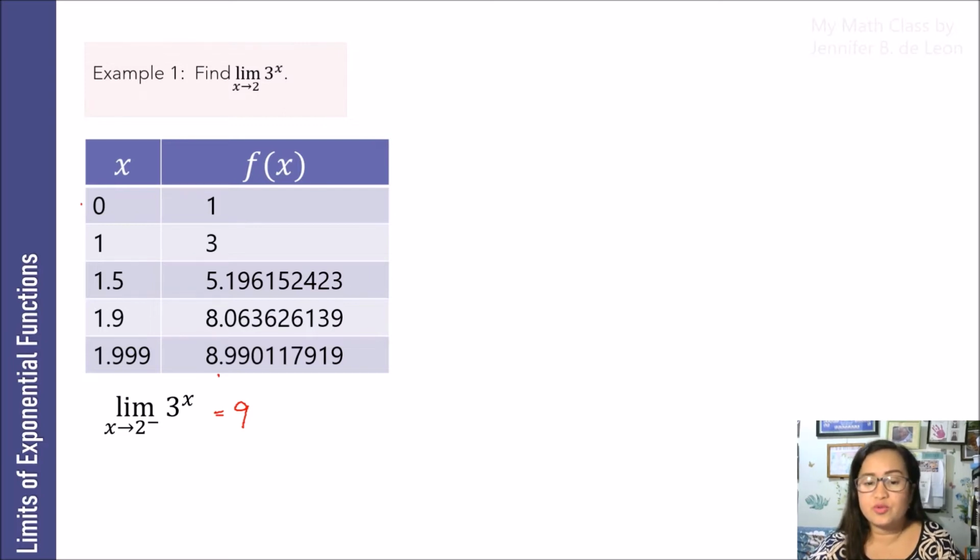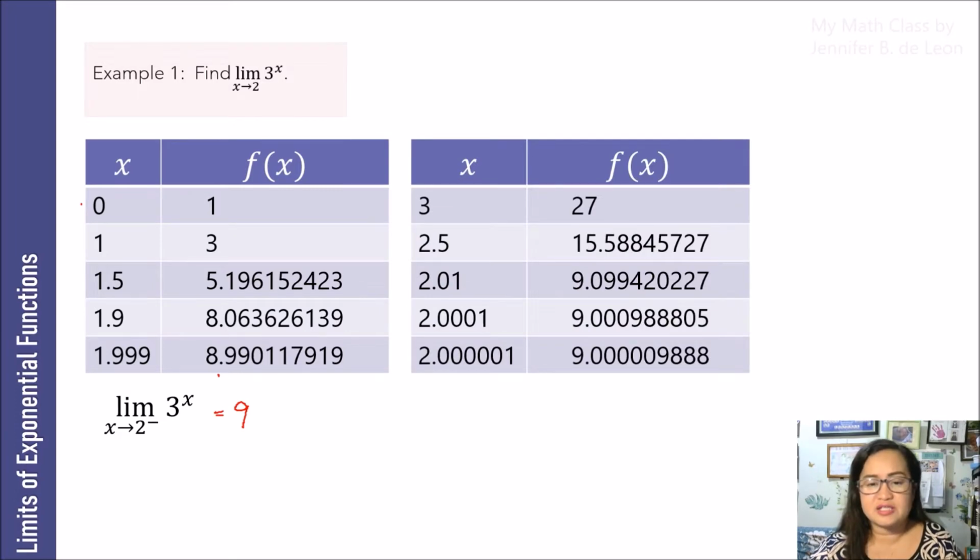Now let's prove if we have x approaches 2 from the right, we'll have the same answer. So using a table of values, we choose values from the right of 2. Examples of these numbers would be 3, 2.5, 2.001, and so on. Evaluating the function with these given values, we will have the corresponding values of f of x.